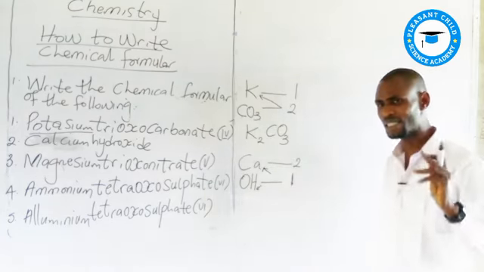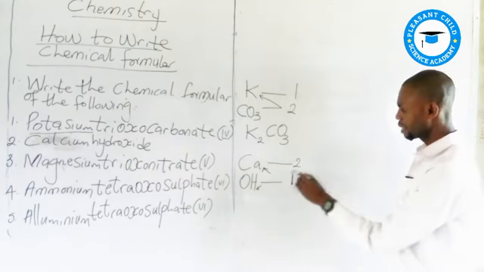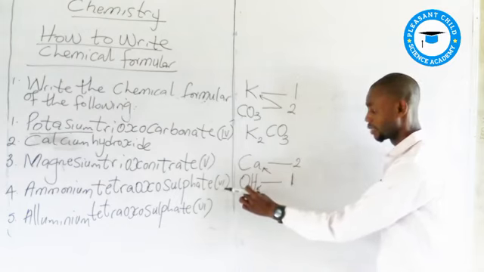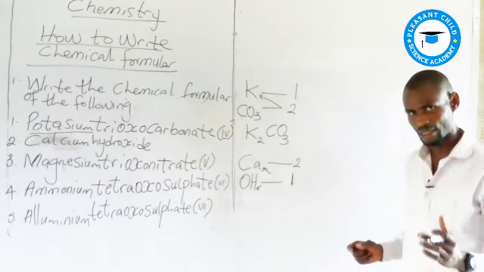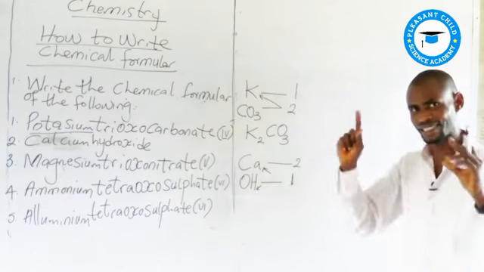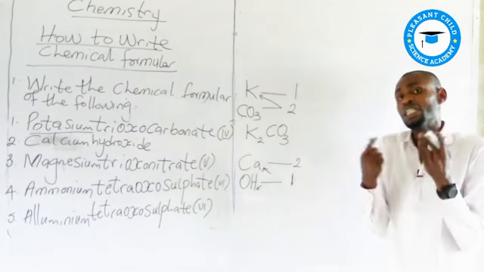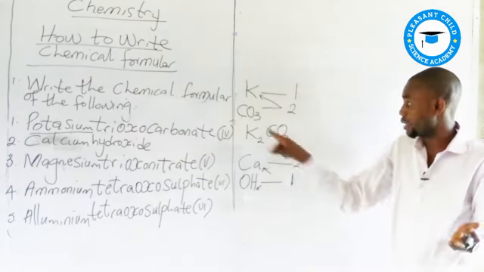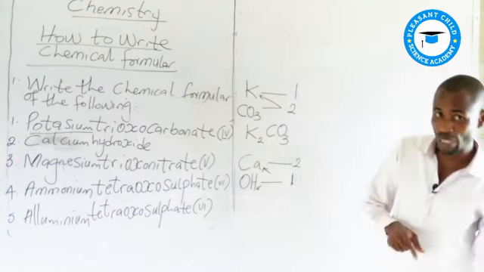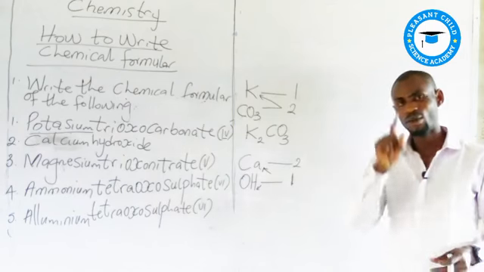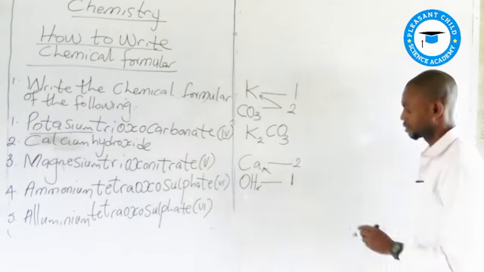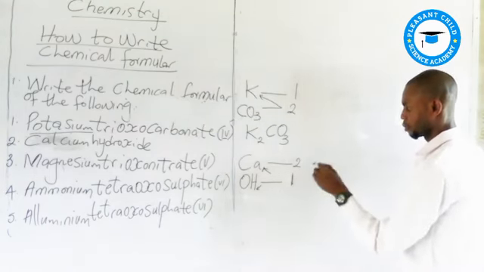I have said it repeatedly, that anytime a valency number will be added to a radical, or a radical is taking another subscript number, peradventure maybe that radical has a subscript number before, like this one, and then you want to put another number at the base of that radical, that radical must be enclosed in brackets. This is it. It is wrong for you to write this formula like this.